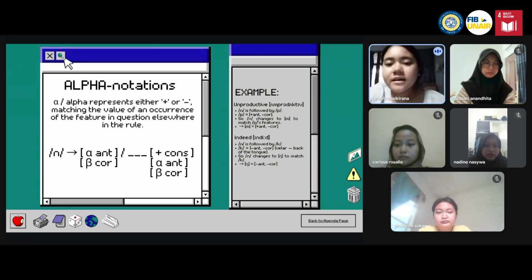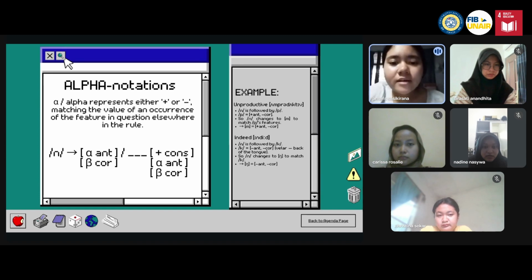So in k, it doesn't touch the lips. It doesn't have any activity on the lips, and the tongue also doesn't touch the teeth or the roof of the mouth. So the whole pronunciation of k happens at the back of the mouth, and that's why both of them are negative. K is velar, using the back of the tongue.